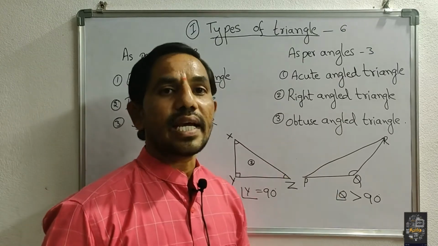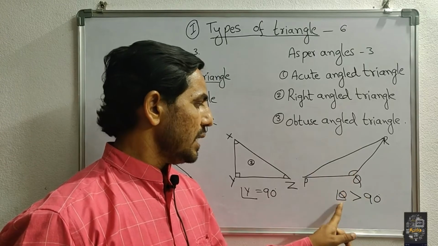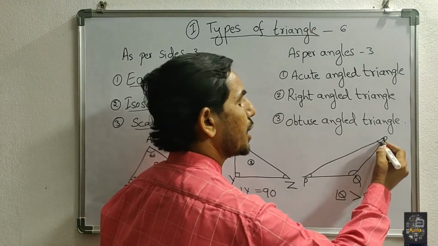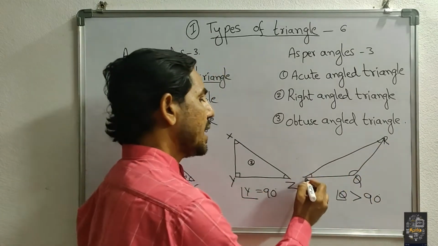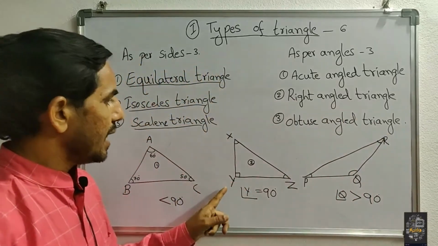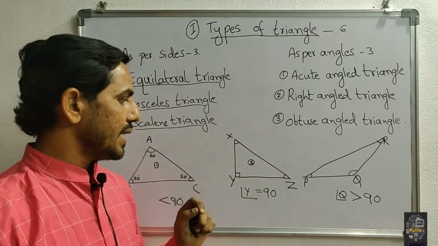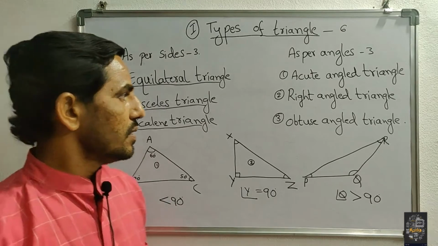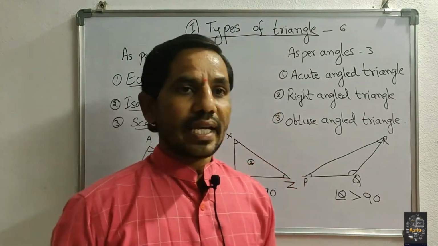Here angle Q is greater than 90, and angle P and angle R are less than 90 degrees. Here angle X and angle Z are also less than 90 degrees. Here each angle is also less than 90 degrees. So these are the types of triangles.